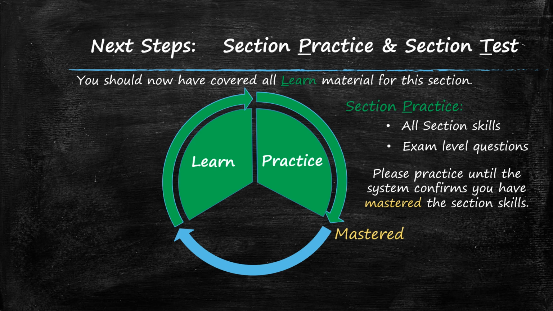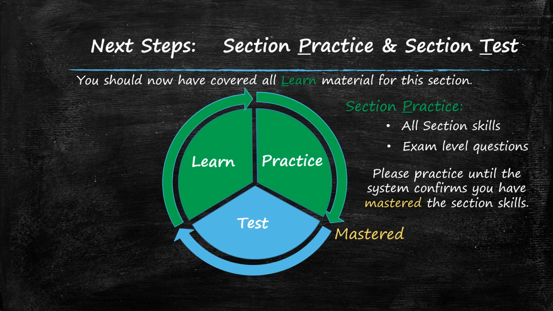Once you've mastered the practice, please take the section test. Here again, you'll be presented with exam level questions but without the support of hints and worked solutions. So this test will be similar to your end of section school test and the exam itself. And in this way, it'll help gauge your level of understanding of the section as a whole.